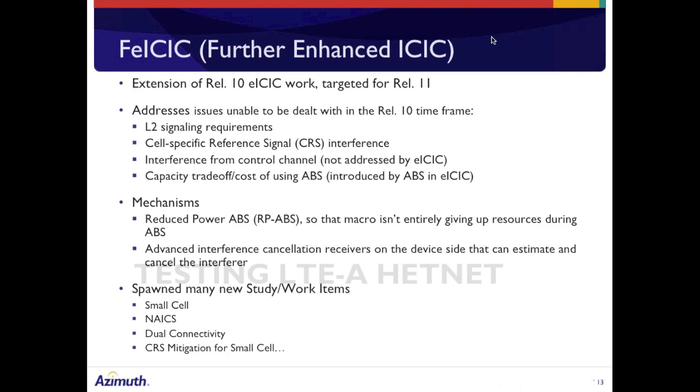Then there's dual connectivity, which is, again, the idea that we don't need to have our component carriers at the same location. There are a lot of new problems introduced by that idea. And then a recent study item, I believe going to be turning into a work item, is cell reference signal mitigation.